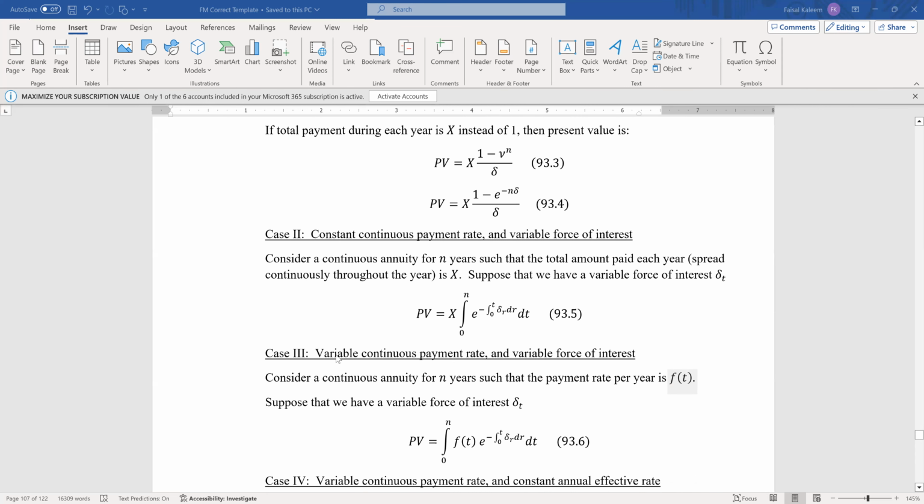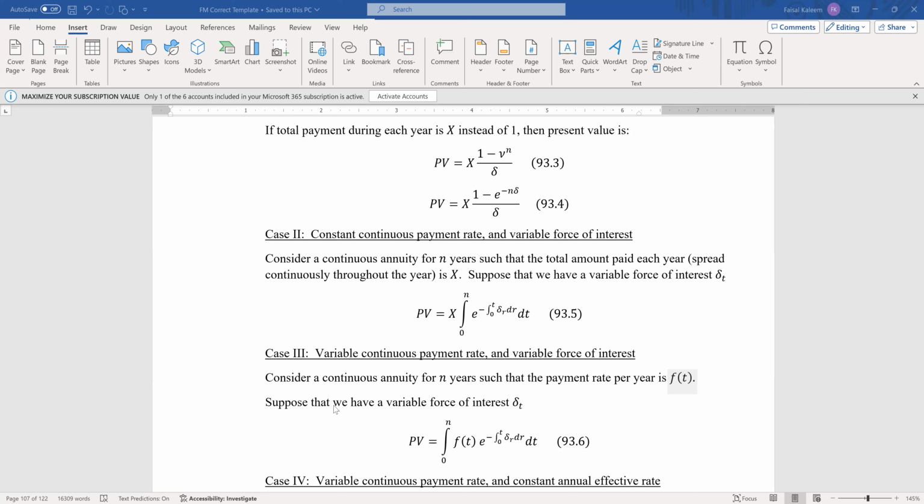Now case 3 is when we have variable continuous payment rate and variable force of interest. So now both are variable. We consider an annuity for a duration of n years, but now the payment rate per year is f of t instead of being constant.